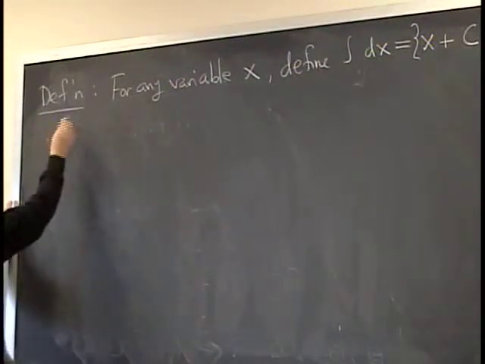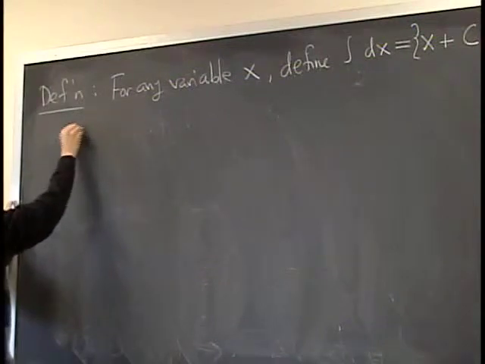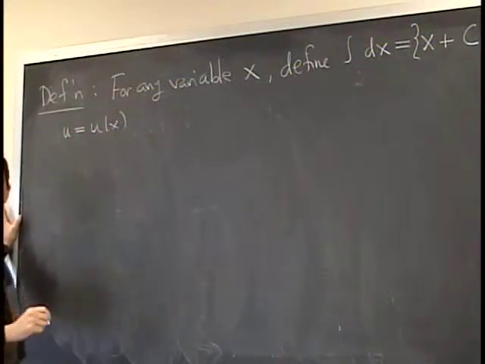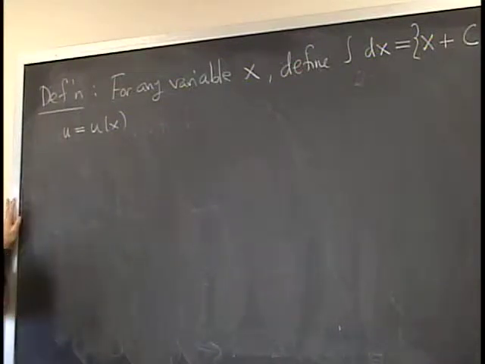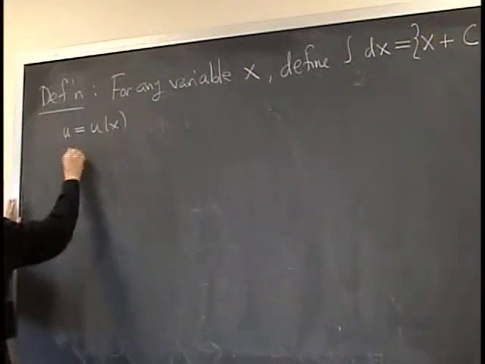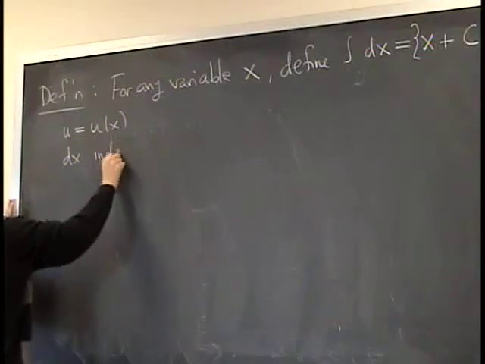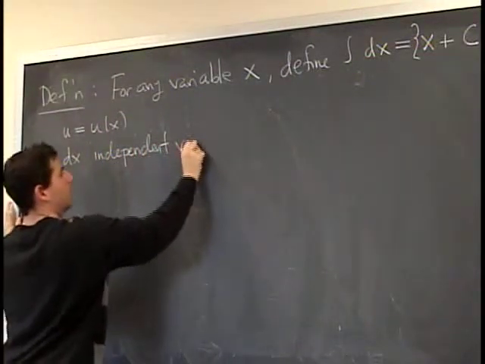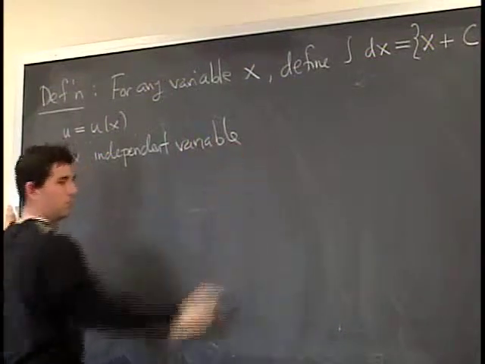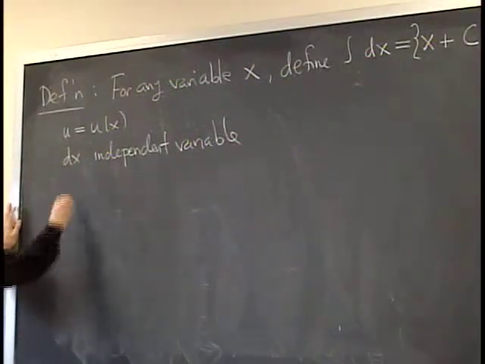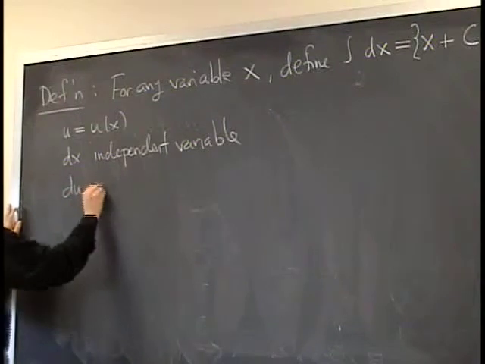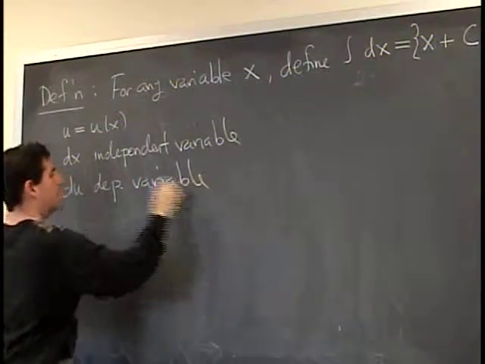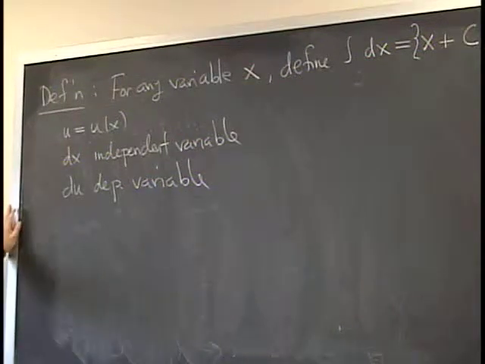So let's recall that if u is a function of x, we define the differentials, right? dx and du. So dx is just some independent variable. Okay, it is what it is. You can make it anything you want it to be. But du is a dependent variable. Okay, strictly depends on dx.